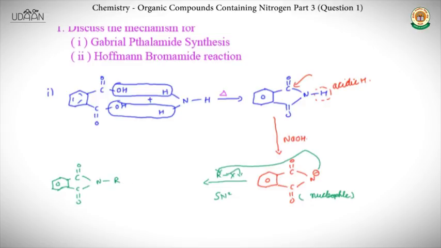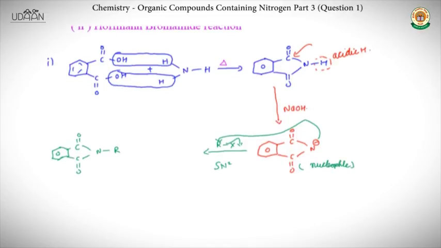Now what you have done is you have subjected this to hydrolysis, H3O plus, say, in the acidic medium. Now on doing this, this hydrolyzes to give hydrogen here, OH here, hydrogen here, OH here, and you are going to get back your phthalic acid, where you have C double bond OOH, C double bond OOH, and you have got an amine.